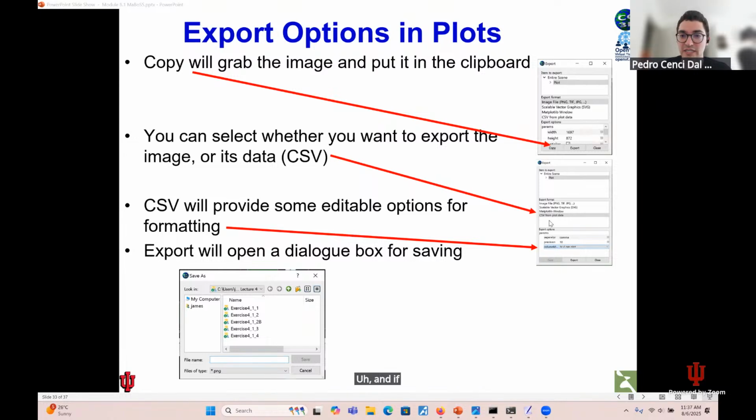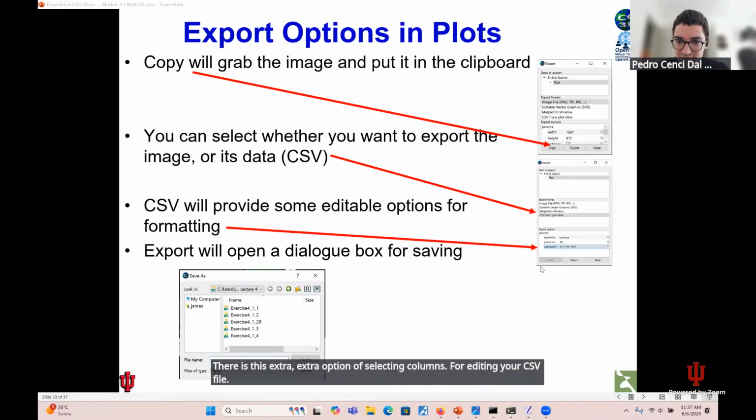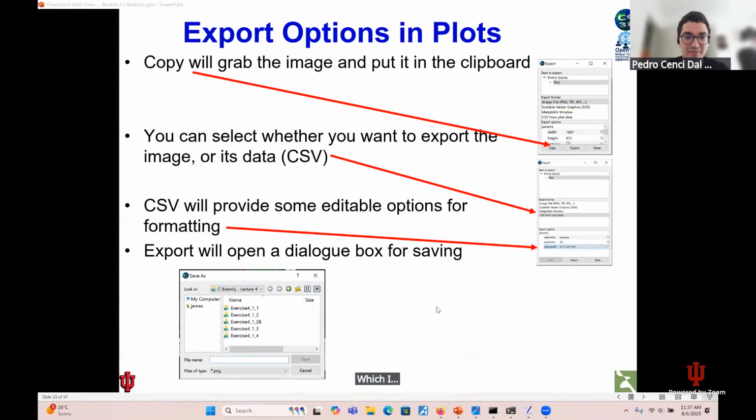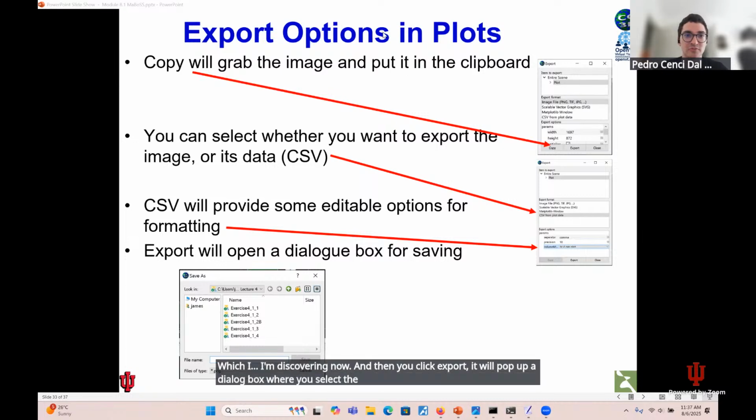And you can select CSV. There is this extra option of selecting columns for editing your CSV file, which I'm discovering now. And then you click export, and it will pop up a dialog box where you select the output folder for saving the CSV.